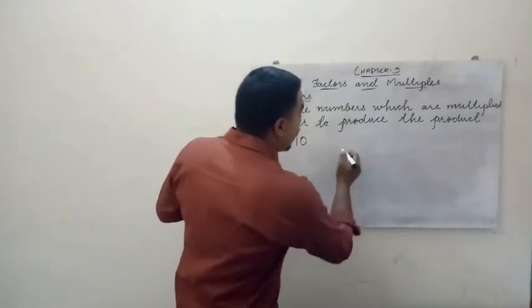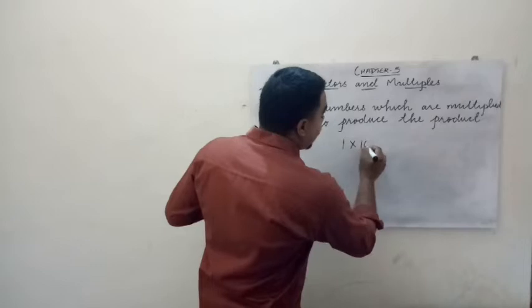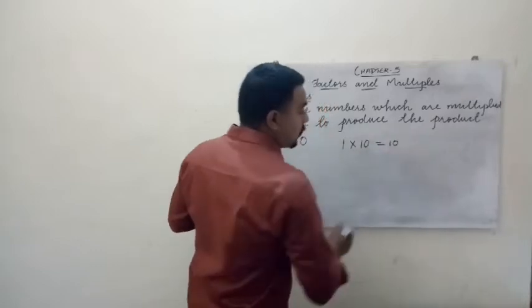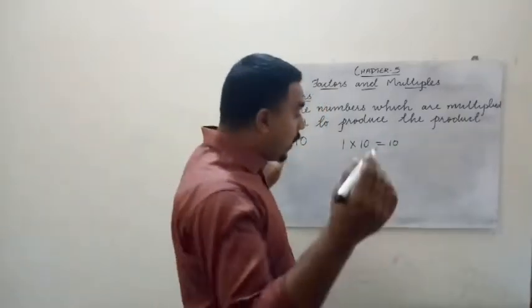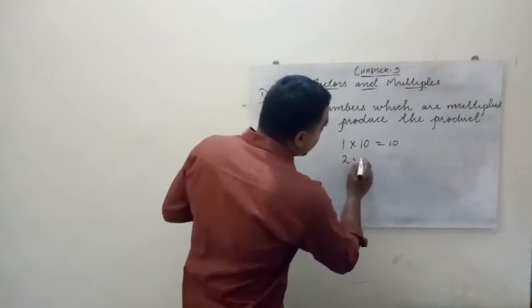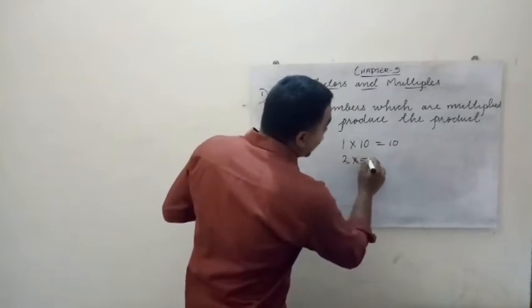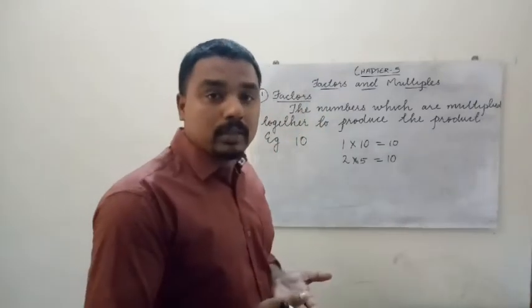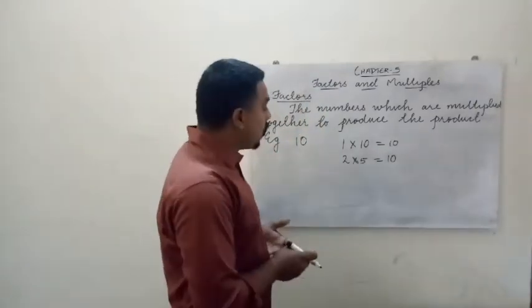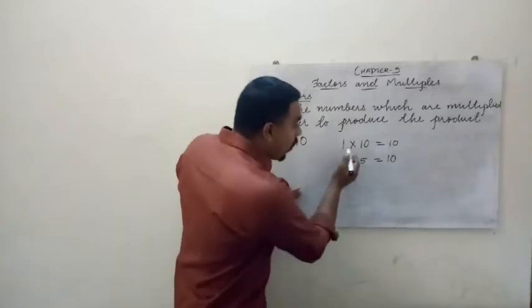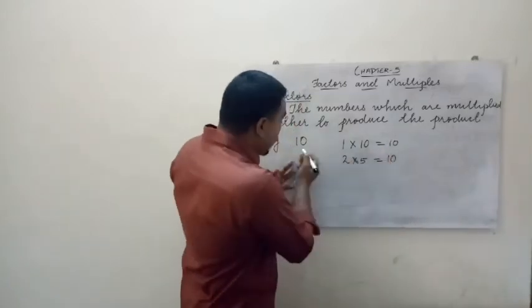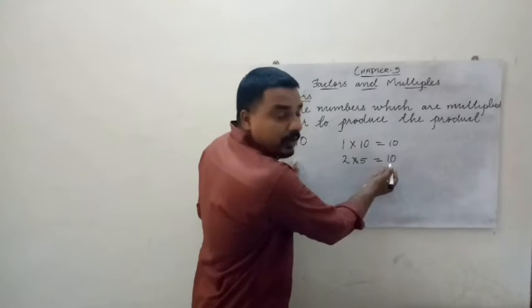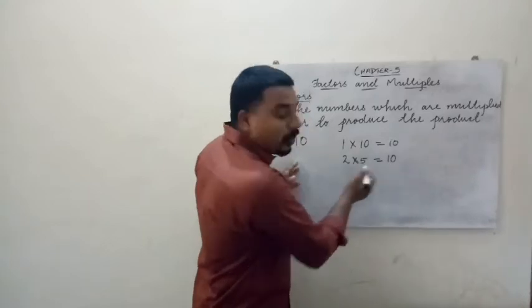Here, you can see 1 into 10 is equal to 10. Next, 2 into 5 is equal to 10. Any more numbers? No more numbers. So when we multiplied 1 into 10, we got 10, and when we multiplied 2 into 5, we got 10.